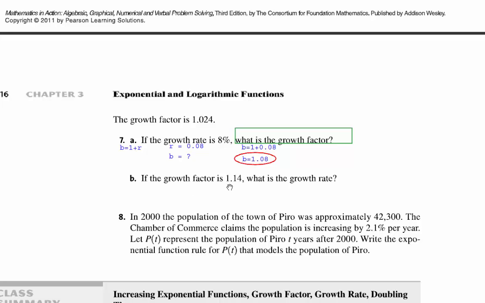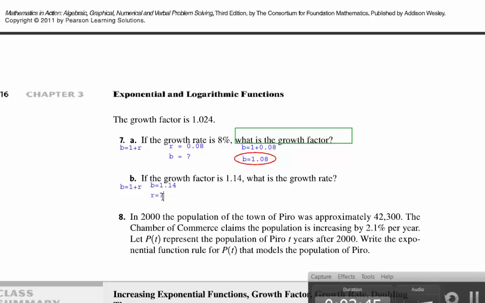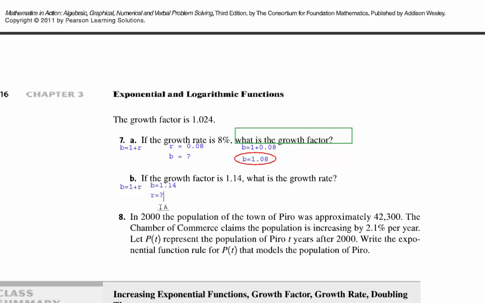The next problem gives us the growth factor of 1.14, and we're asked, what is the growth rate? We're going to go through the same routine here. We know that B equals 1 plus R, and we're given the growth factor of 1.14. So we know B is 1.14, and R is what we're looking for.